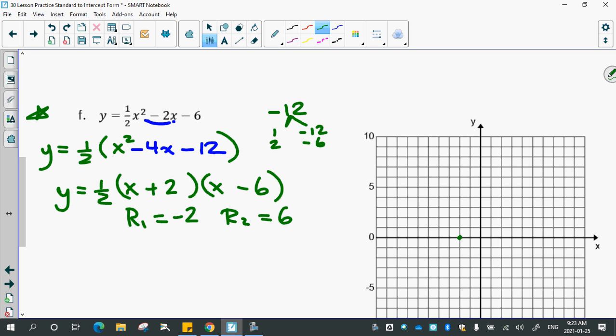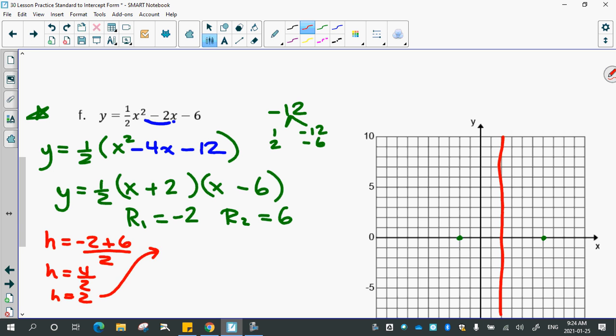So -2 and +6. Then we're going to calculate h by adding our 2 x-intercepts together and dividing by 2. So I got h was +2, and I can see if it makes sense. Yes, it's halfway between the x-intercepts.